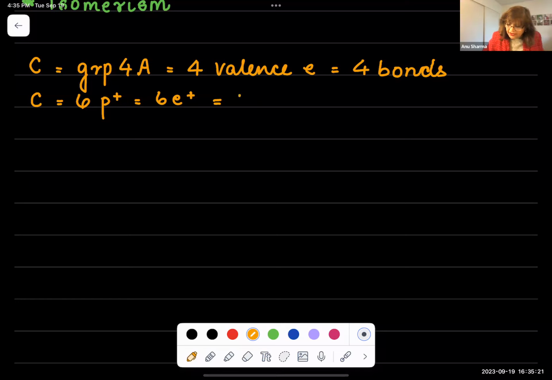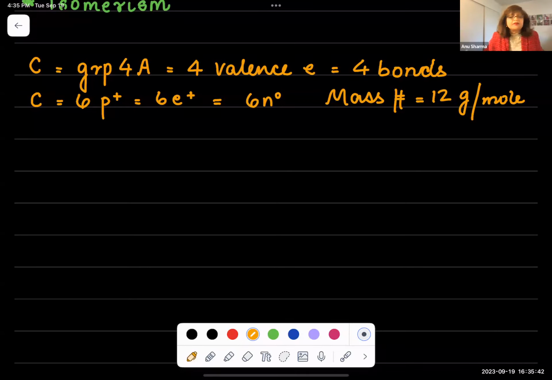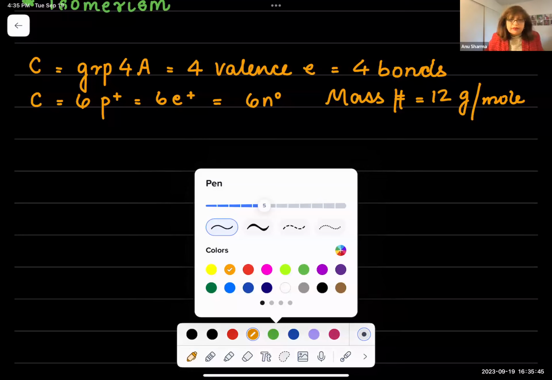That means the neutrons are also 6. The mass number of the more abundant carbon is 12 atomic mass units, and it's also 12 grams per mole. The more common one is grams per mole, but you can also use atomic mass units.